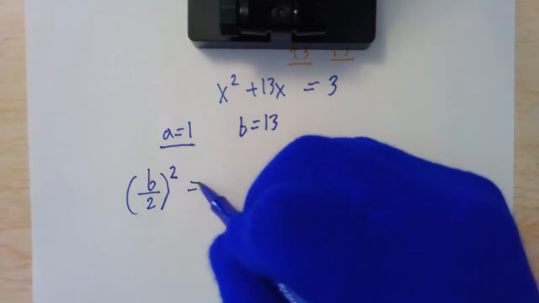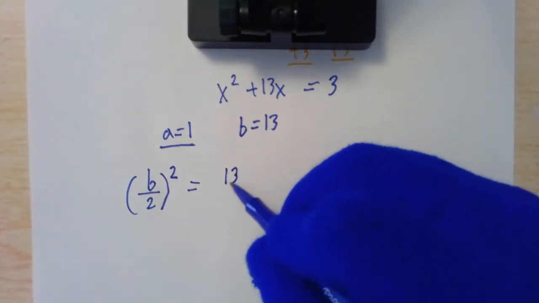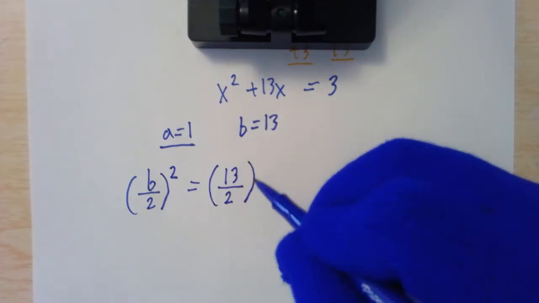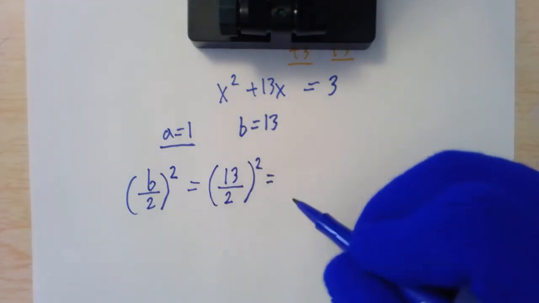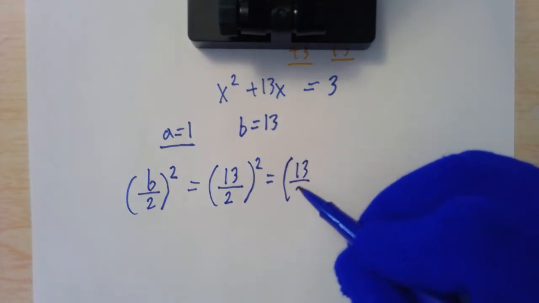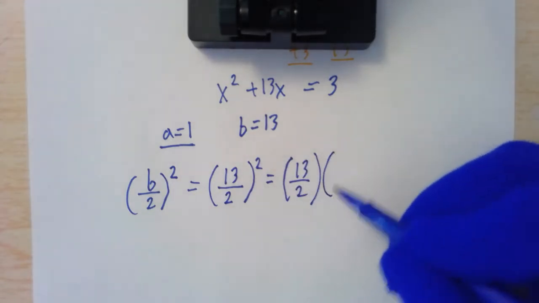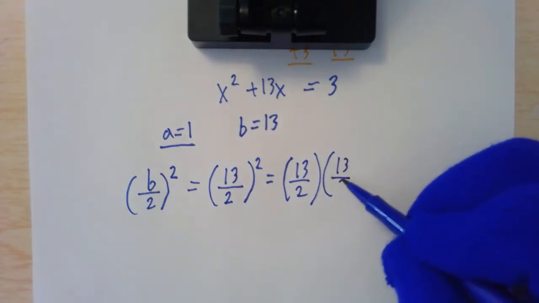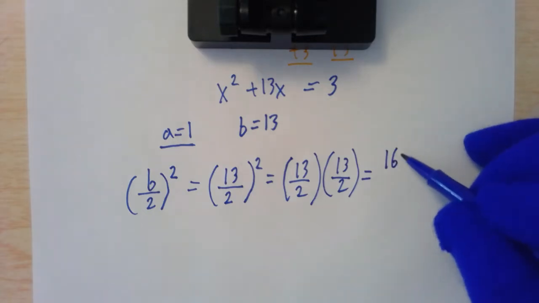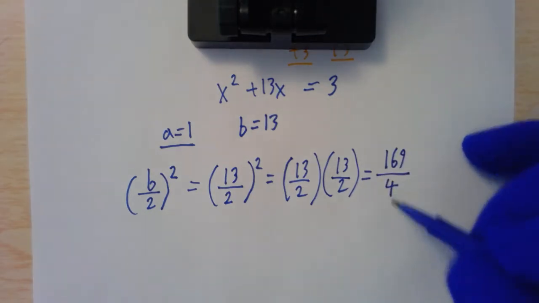So from here, I'm literally just substituting in. So I'm going to have 13 over 2 in parentheses to the second power. That's the same thing as 13 over 2 multiplied by itself. So we have 13 over 2 times 13 over 2, and that equals 169 over 4.